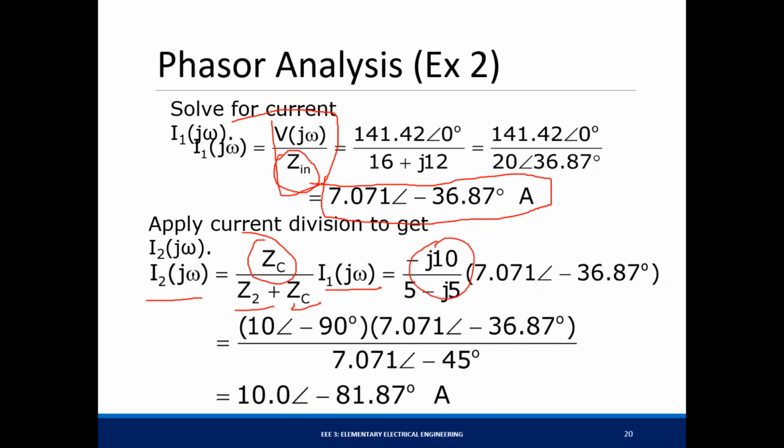This is the impedances, this is the current. So convert that into polar coordinate form and evaluate the magnitudes, multiply this to this divided by the magnitude, and this, add this to this and subtract this. The final expression for the current is this.